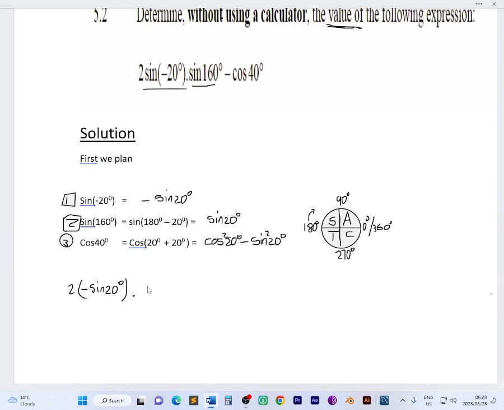The dot is multiplication there, so we have sine 160 degrees equivalent to sine 20 degrees. Then the minus, bracket, then we have cos 20 degrees squared, which is the same as cos squared 20 degrees, minus sine squared 20 degrees.